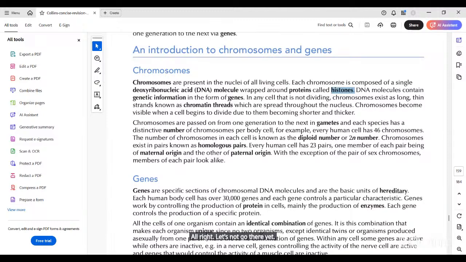In any cell that is not dividing, chromosomes exist as long, thin strands known as chromatin, when they are not dividing.